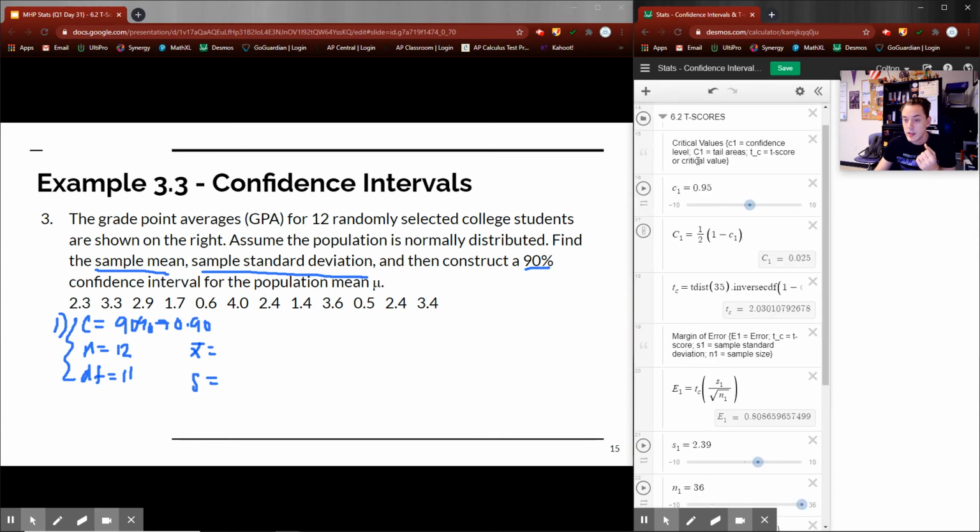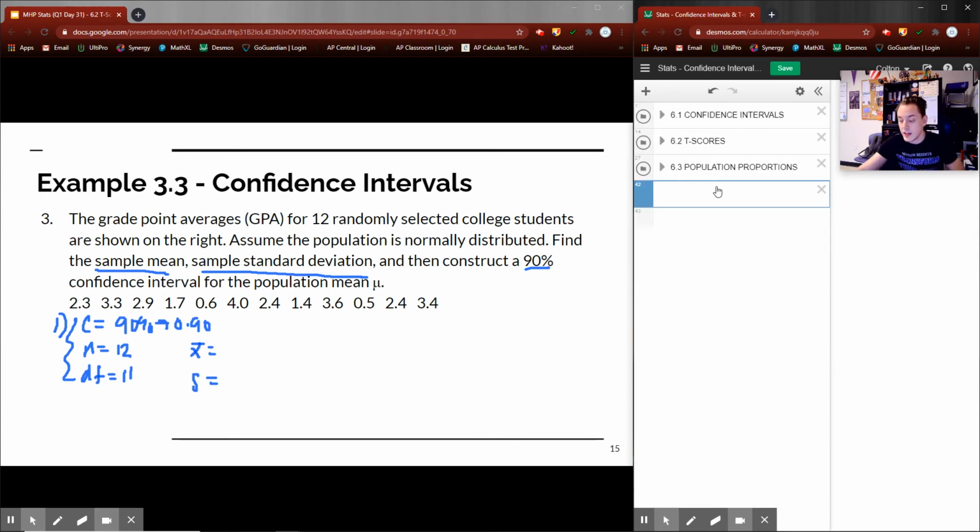So I'm going to close this real quick and go over here, and let's label this A. I want to make a list: 2.3, 3.3, 2.9, 1.7, 0.6, and I'm just going to continue this. I should get 12 altogether, and that's what I do get.